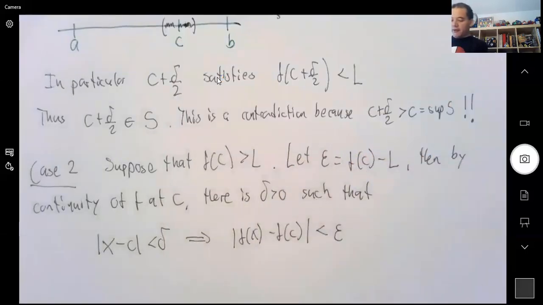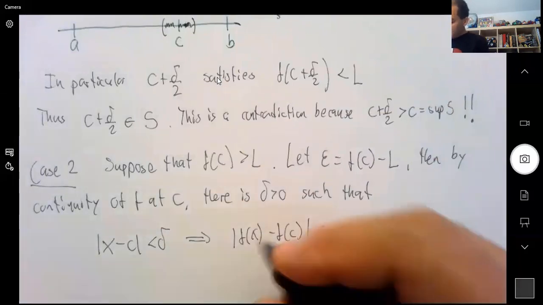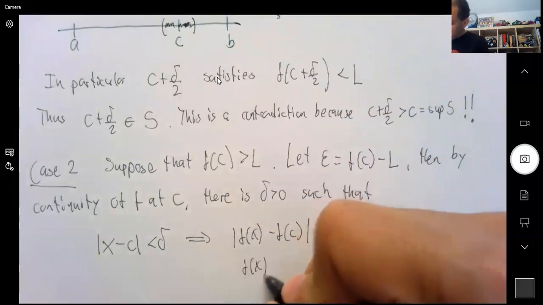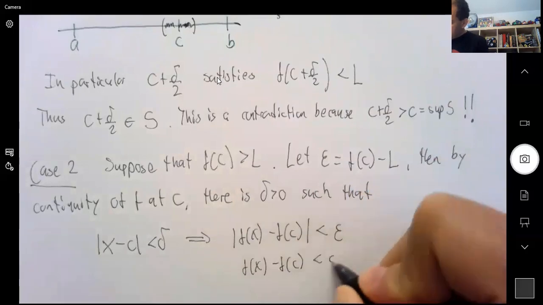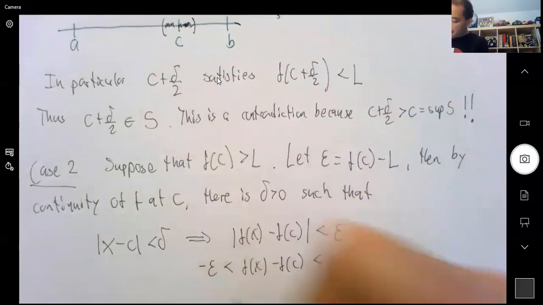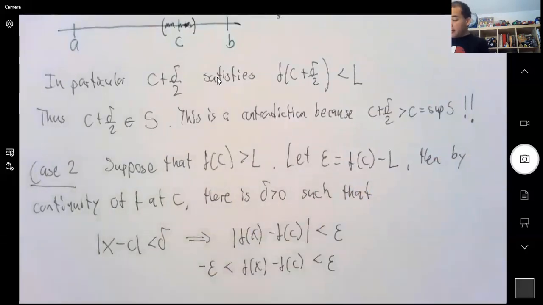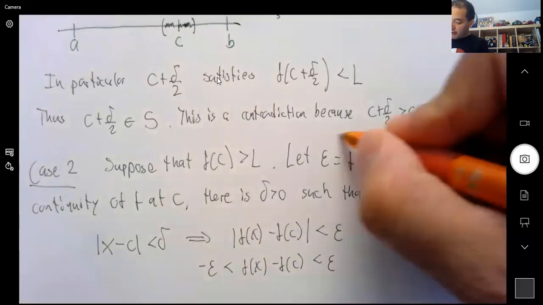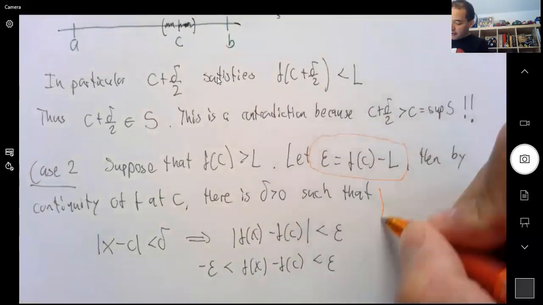Same as before, we're going to rewrite what this means. So this means that f of x minus f of C is between negative epsilon and epsilon. And this time around, we're going to use the left inequality.